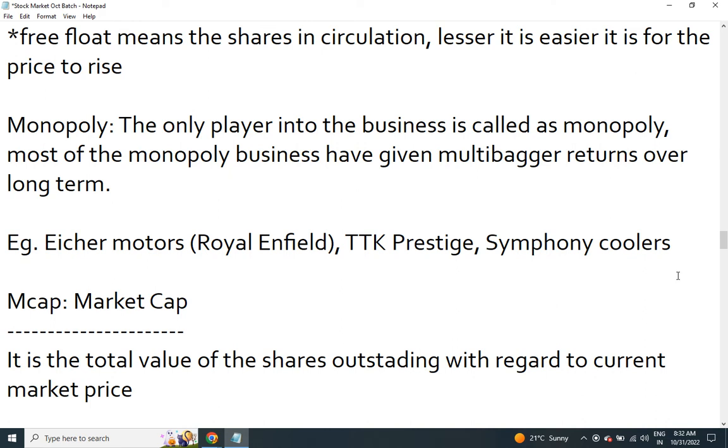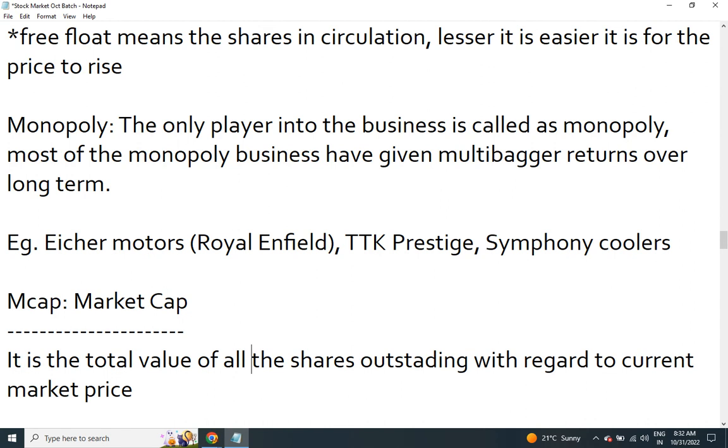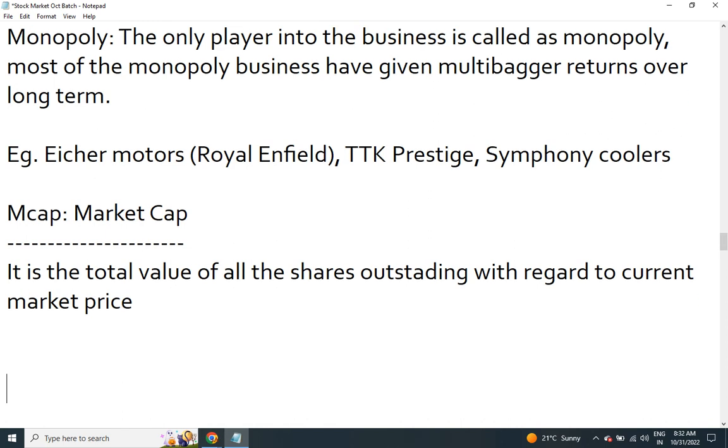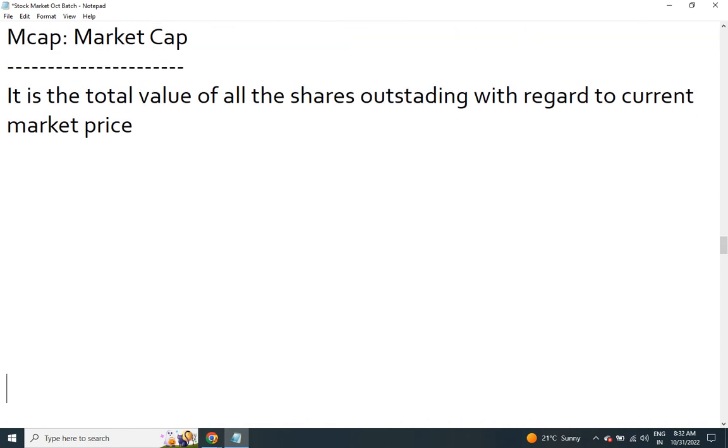Total value of all the shares. So what it means is, do not ever compare the company with the price.